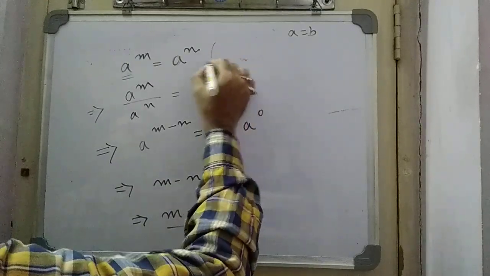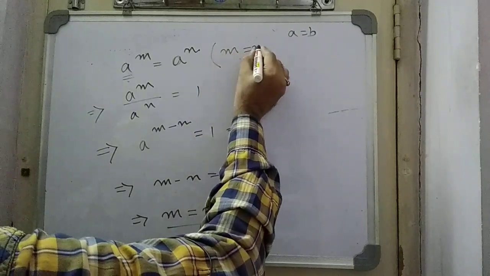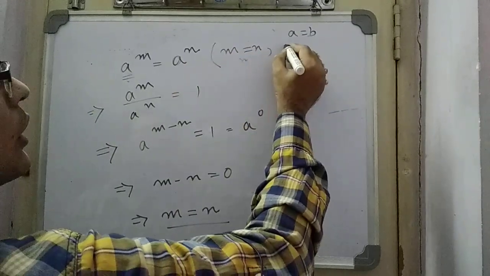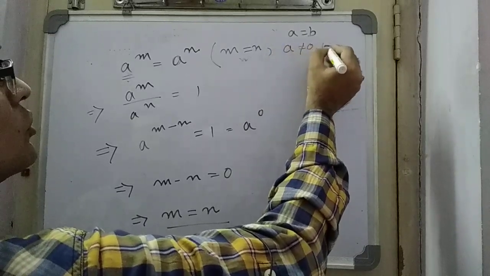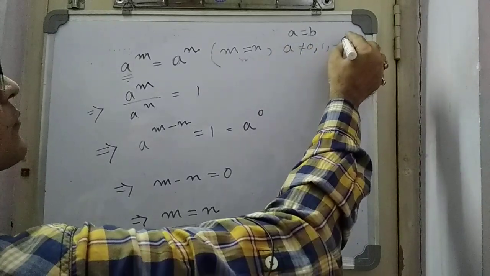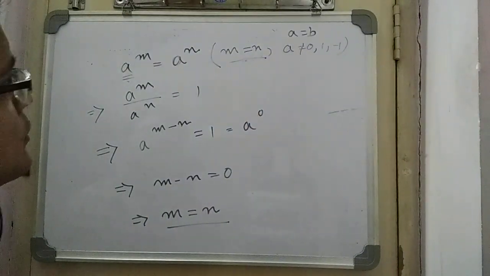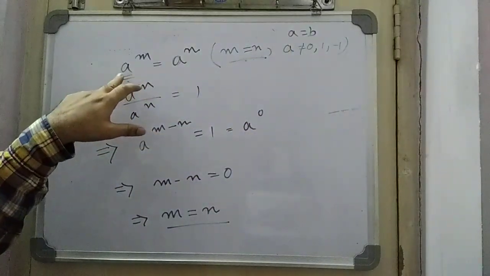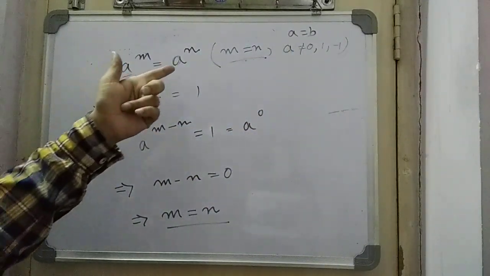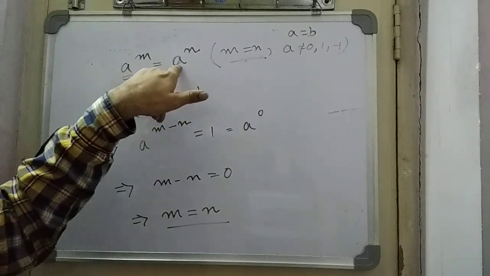So if you find any condition like this, where a is not equal to 0, 1 or minus 1, then m will be n. Why am I saying a not equal to 0? If it is 0, then 0 to the power m is 0, and 0 to the power n is 0, so it is already an identity.